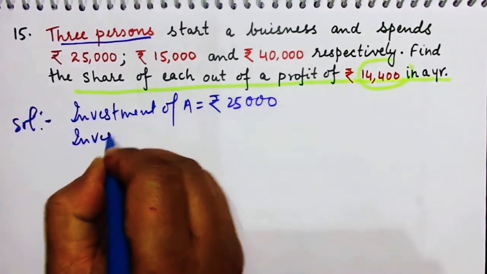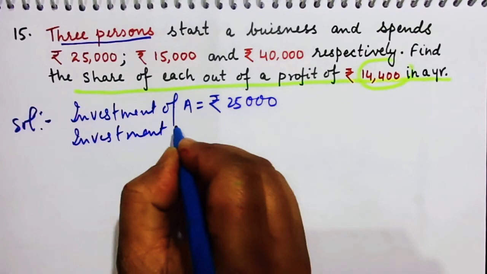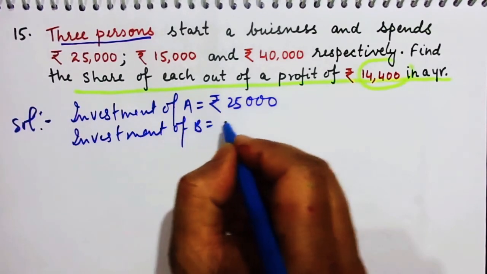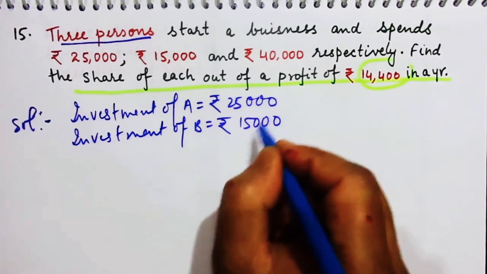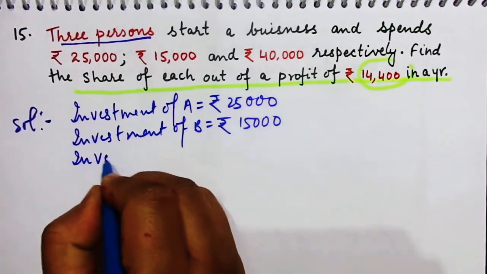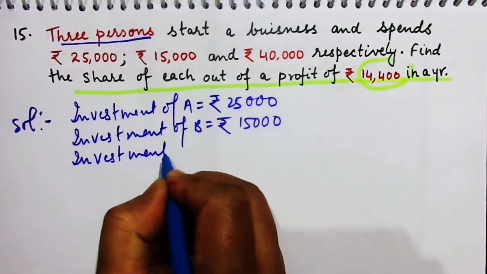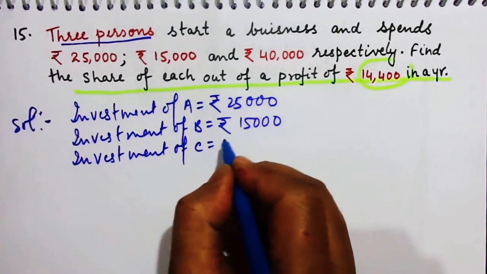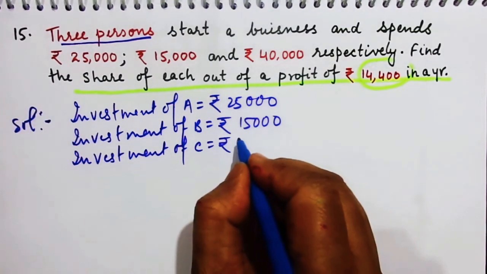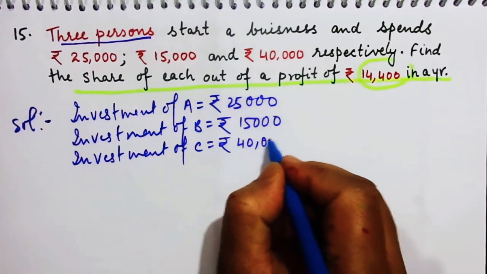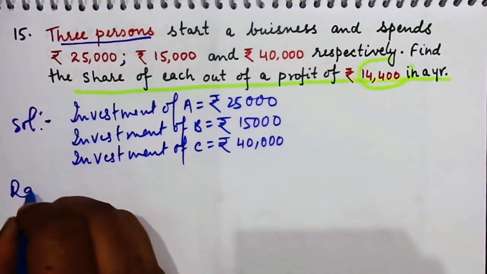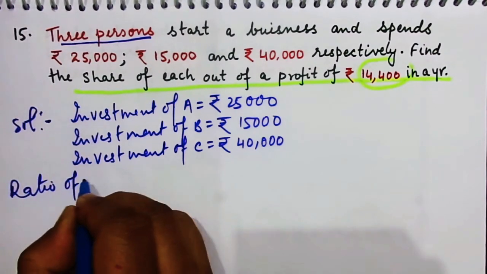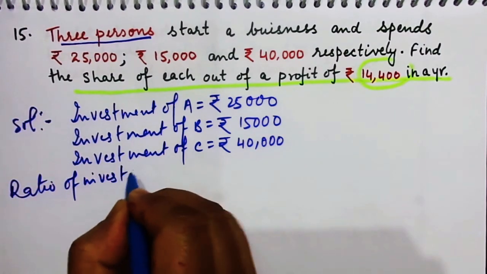Similarly, investment of B is equal to rupees 15000, and investment of C is equal to rupees 40,000. Therefore, ratio of investment, isn't it?